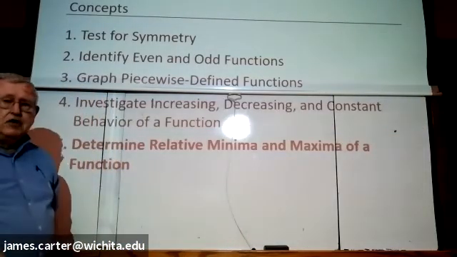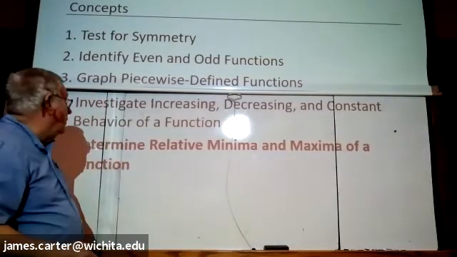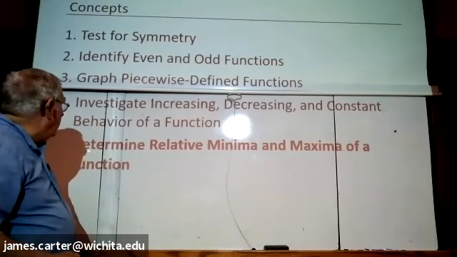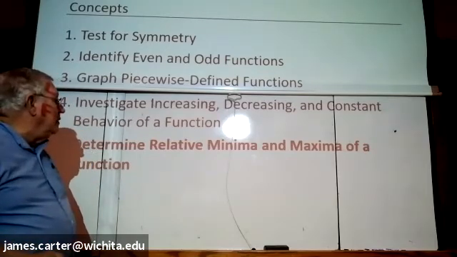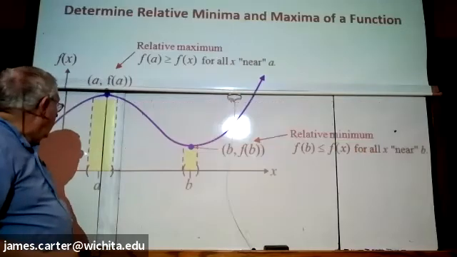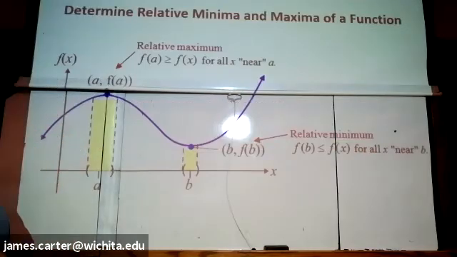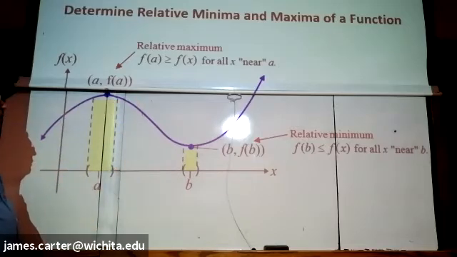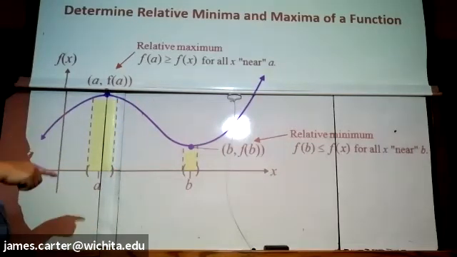Like I said, increasing and decreasing is pretty simple. Now we're going to have something called relative maxima, minima, and maxima of a function. Here I happen to have a curve. Okay, this is kind of like a sine curve that you would get when you flip the string of a violin.